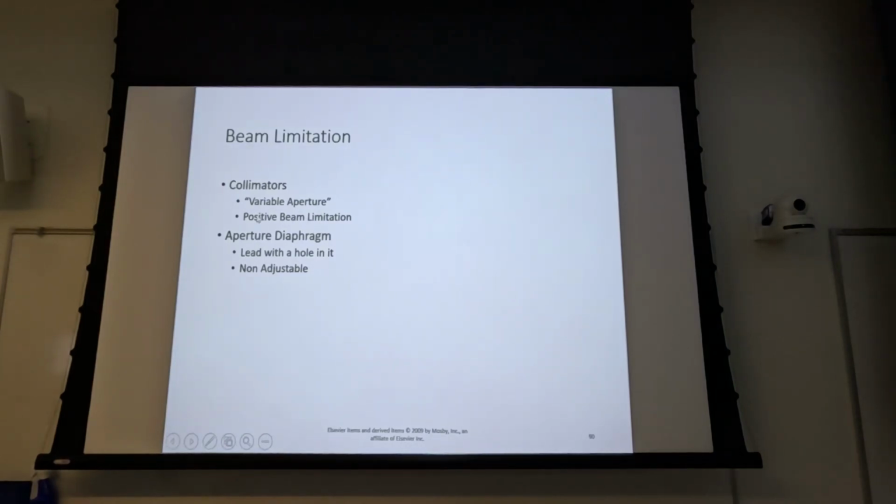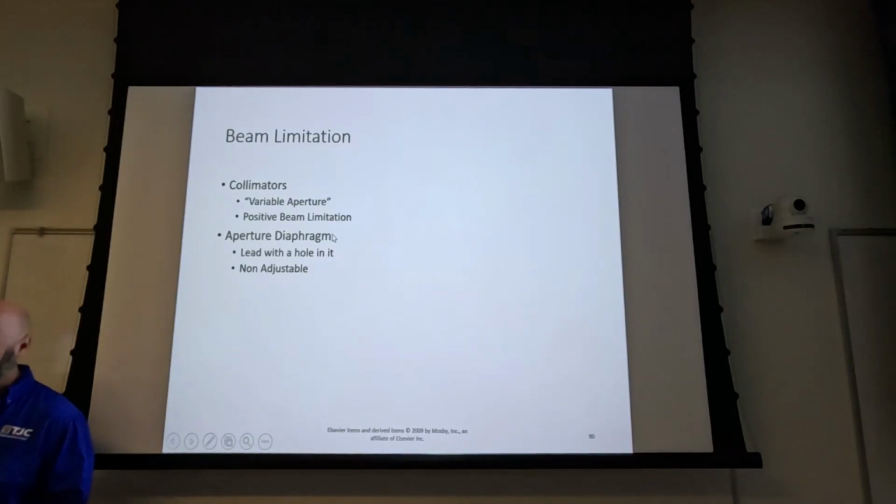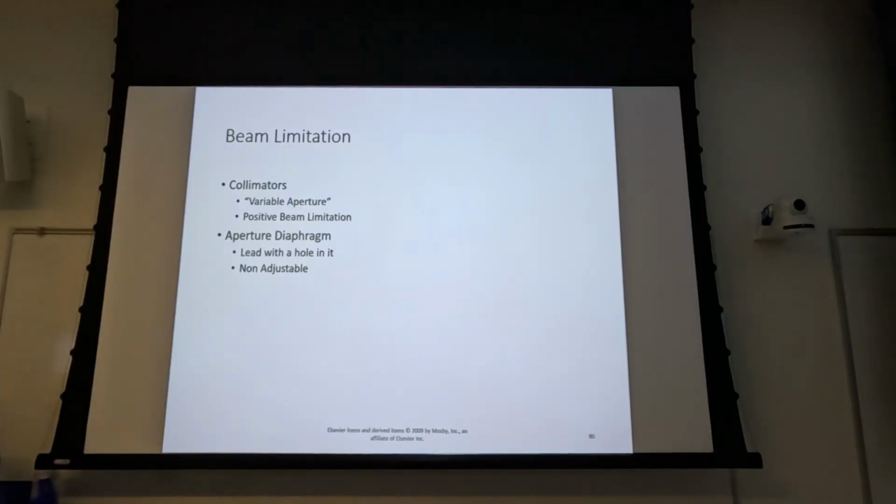Collimators are your variable aperture diaphragms. Positive beam limitation, I already talked about. Oh, I remember what it was. Look in Canvas and see if there's a link to the ARRT content specifications. If there's not, I'll put one in there. There's a grid in there with the different technical factors, collimation, KVP, mAs, and what they control.